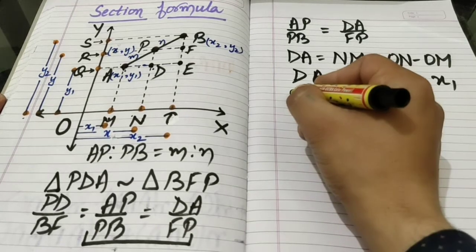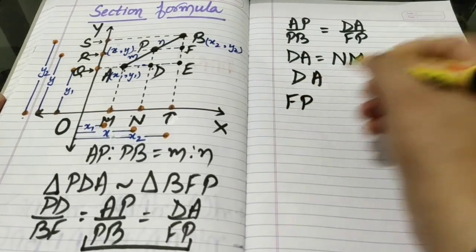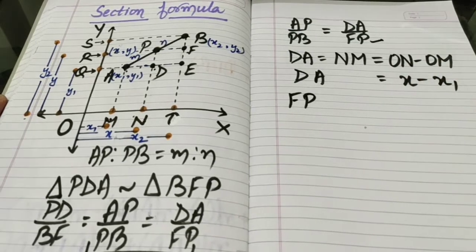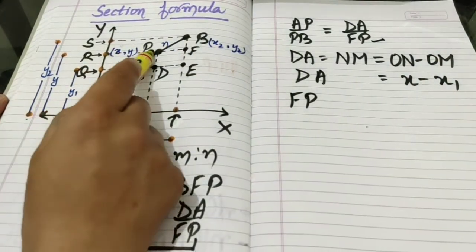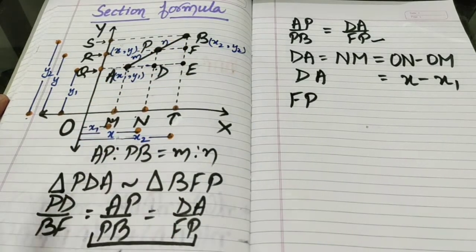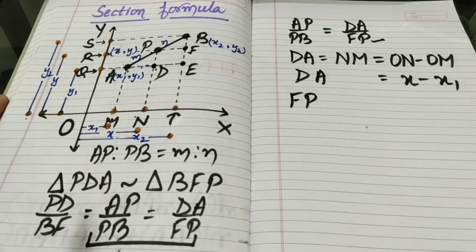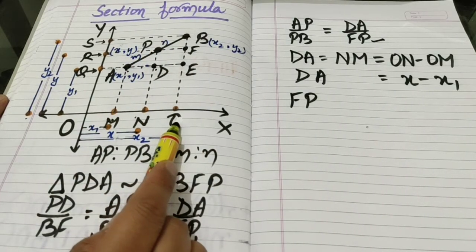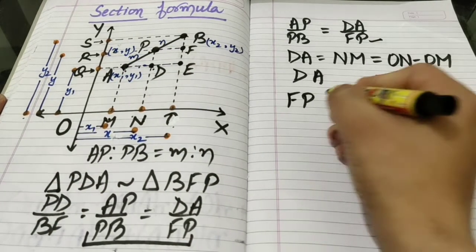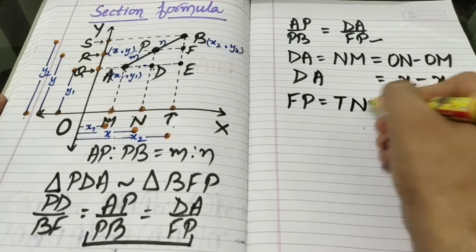Similarly, we are talking about this FP. For the value of FP, we know that PFTN is a rectangle. So the value of FP is the same as the value of TN. So FP equals TN.